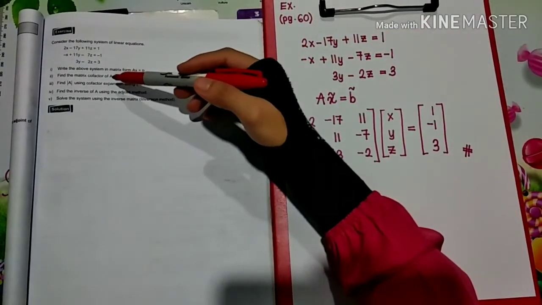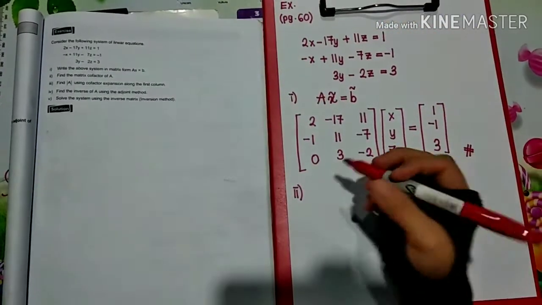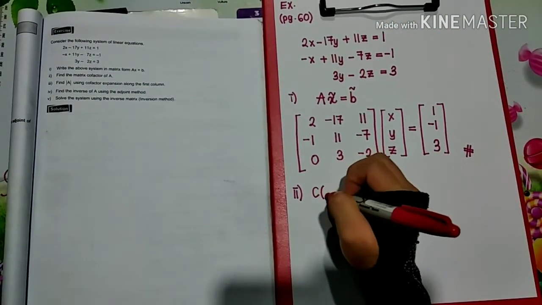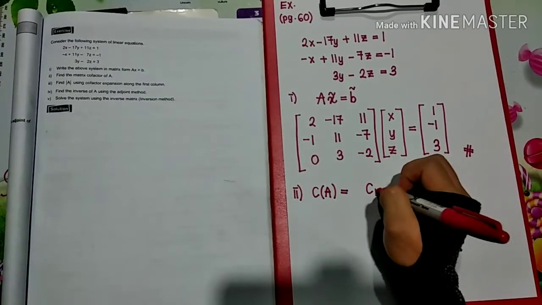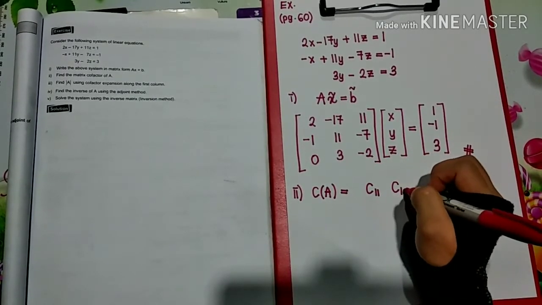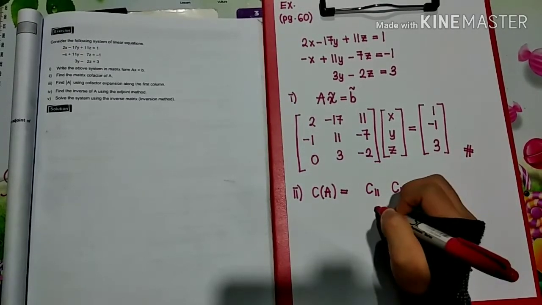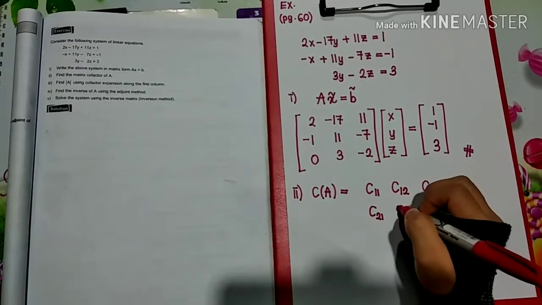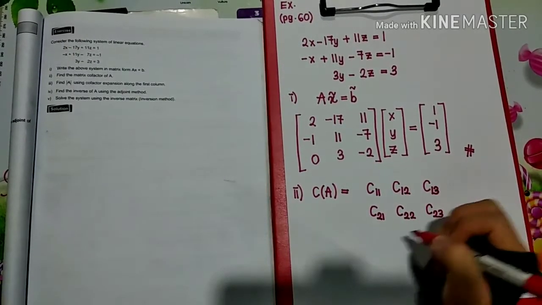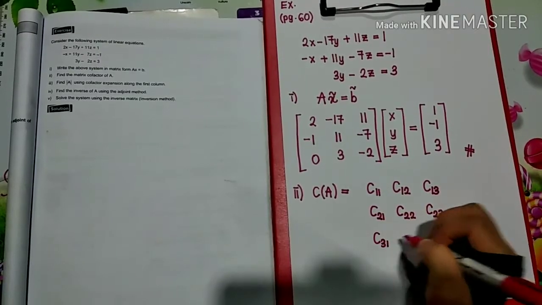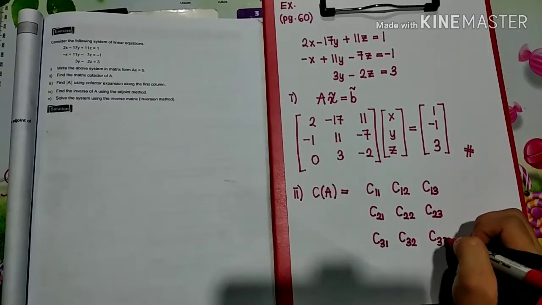Question 2 here. Find the cofactor matrix of A. That means you need to find the cofactors of A here. So the cofactor of A equals C11, C12, C13, C21, C22, C23, C31, C32, C33.